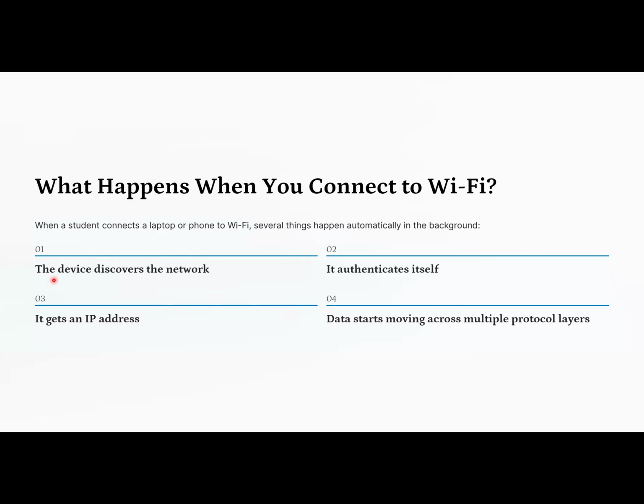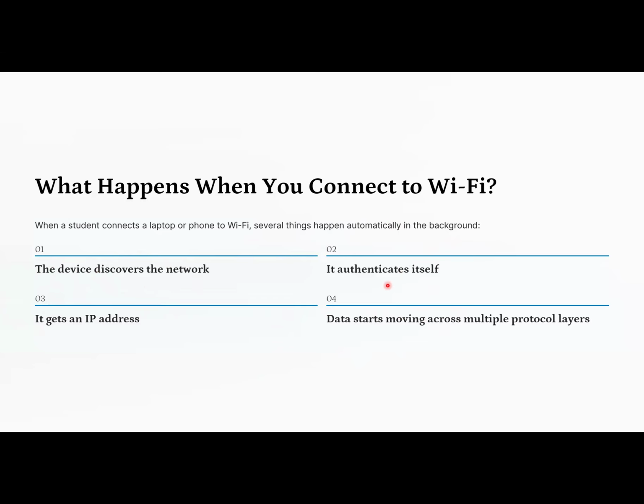Firstly, this is what happens. We have the device discovery network. I'll talk about each one of them, but this is just to introduce to you that there are 4 key operations that happen whenever we connect to the Wi-Fi. First of all, we have the device discovery. Our device will discover a network.